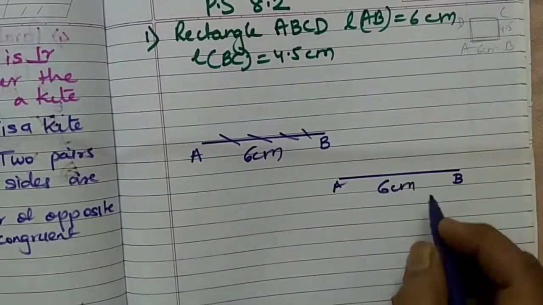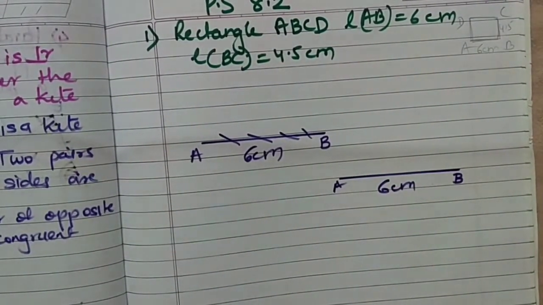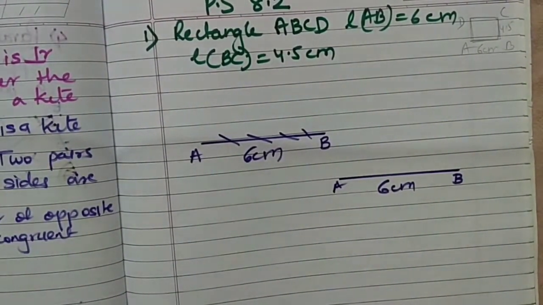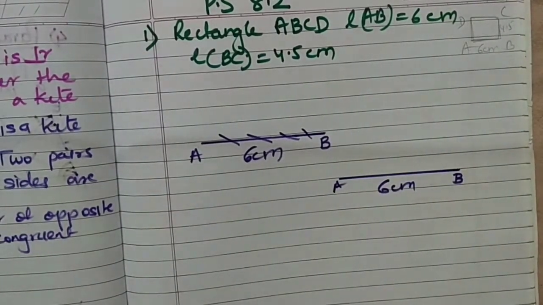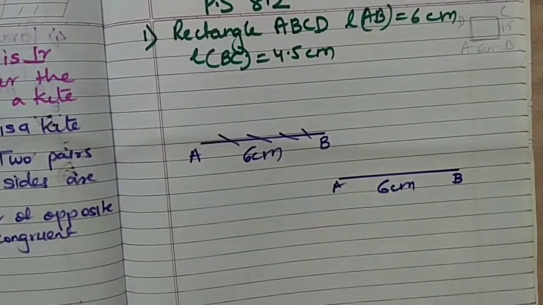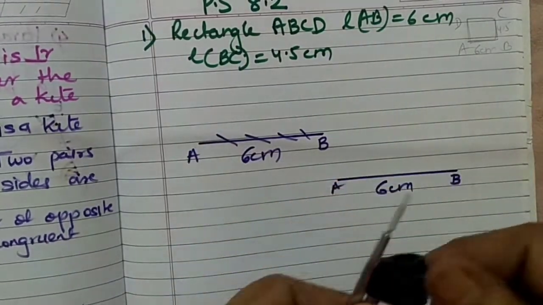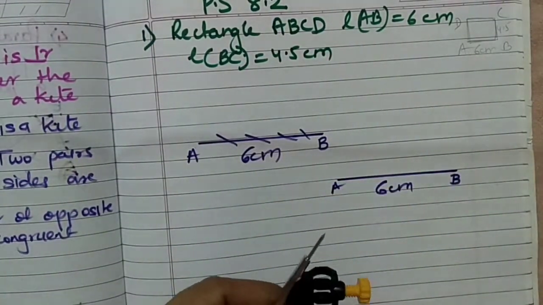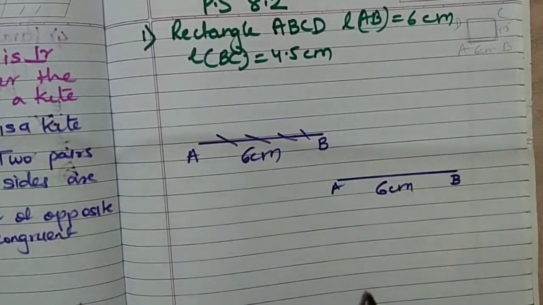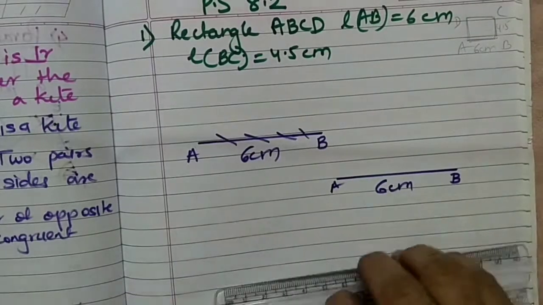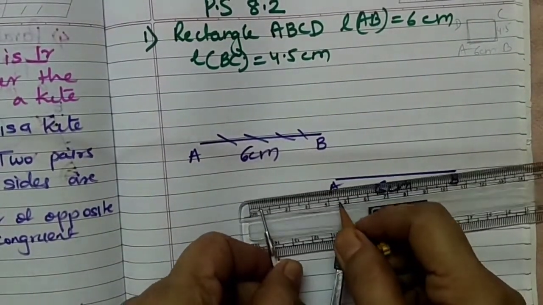This is 6 centimeter. With the help of a compass or rounder, we will take 4.5.